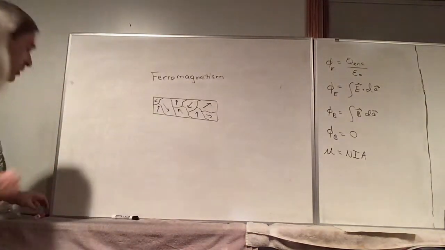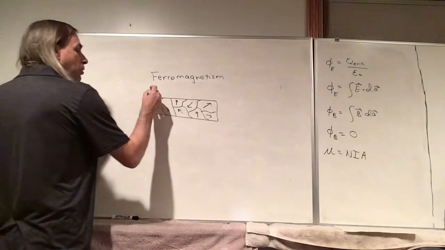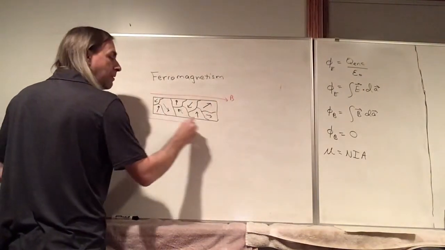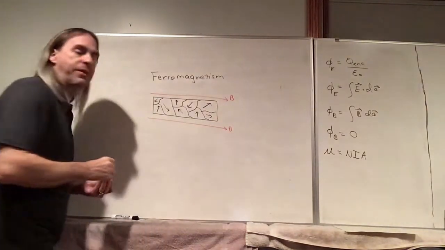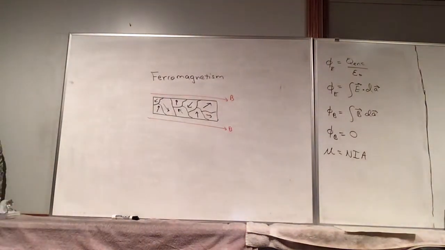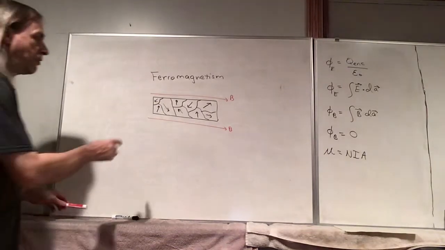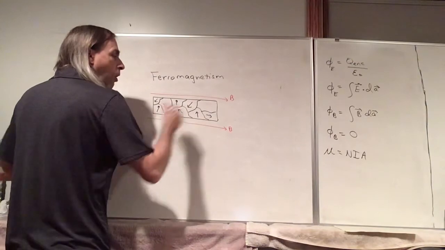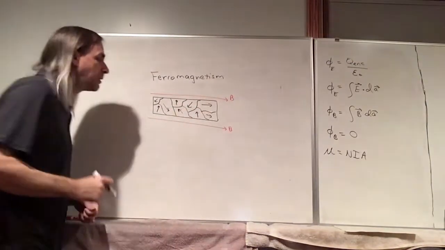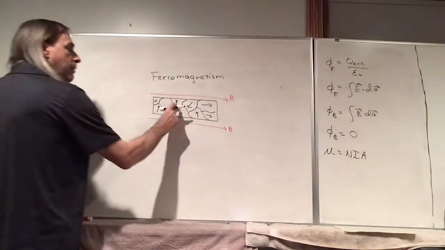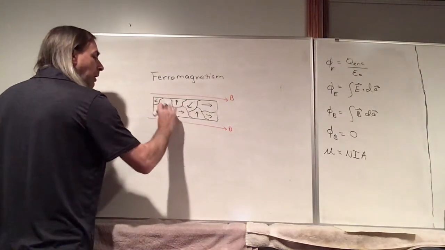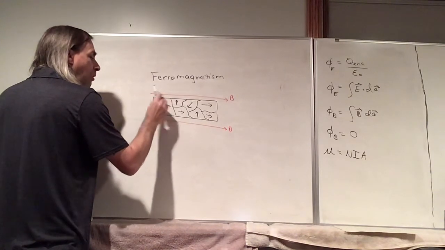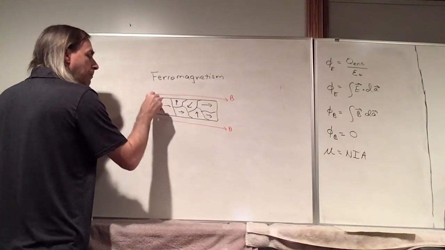But it's interesting when we create an external magnetic field. Let's say we create a weak external field, maybe nothing's going to happen, but then we start increasing the field. Eventually one of these domains is going to spontaneously flip, where all the atoms line up almost at once. And then another one's going to do so. Eventually it'll reach what's called saturation, where all of the domains are lined up.